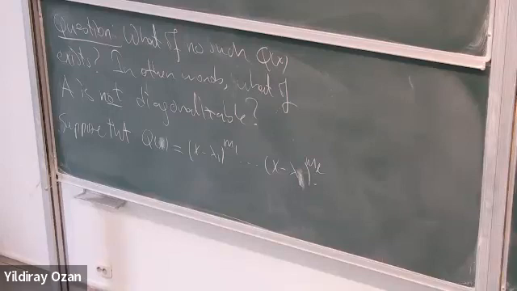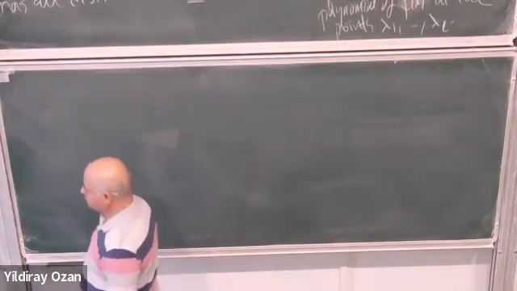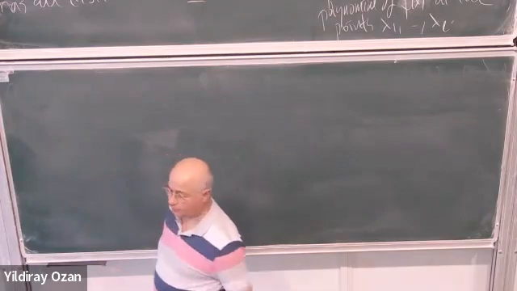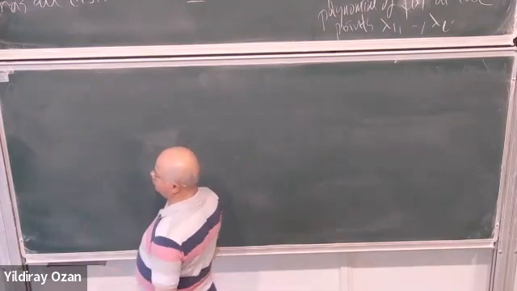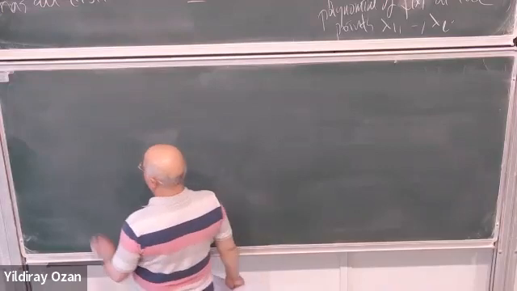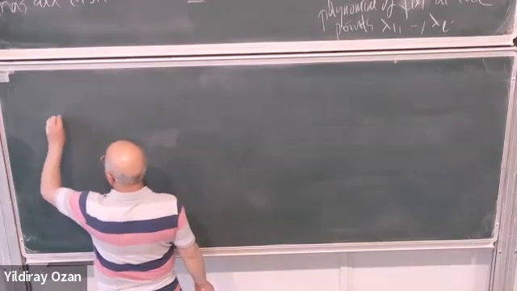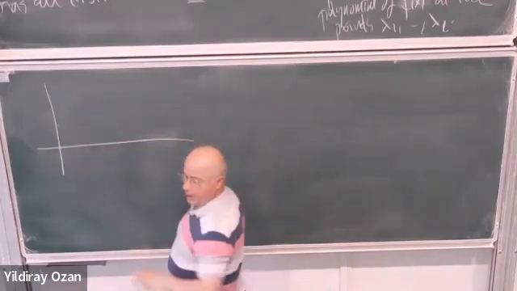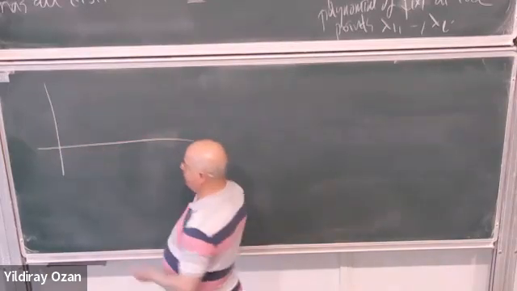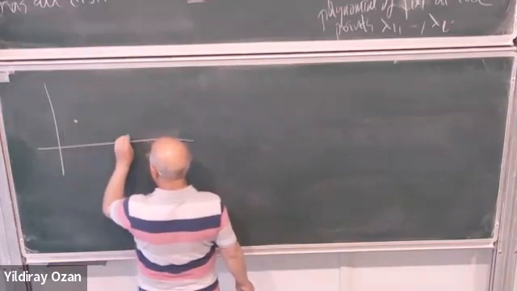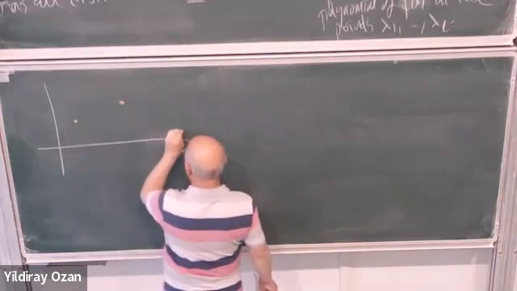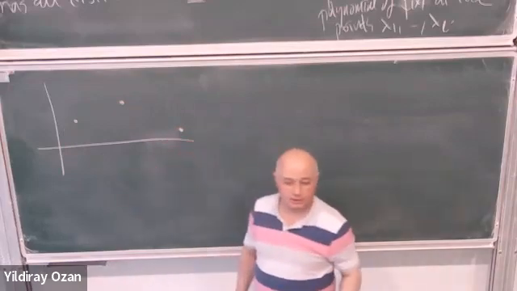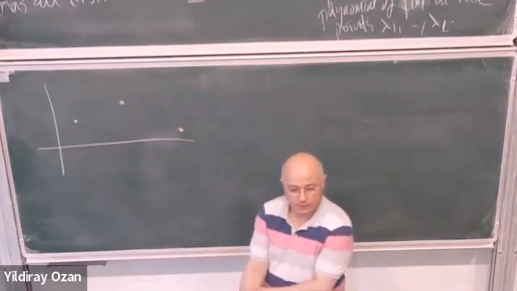Aslında bu şuna benziyor. This corresponds to the following situation. If I tell you, find a polynomial function that passes through these 3 points. Degree 2 polynomial passing through these 3 points. You can find it uniquely, right?